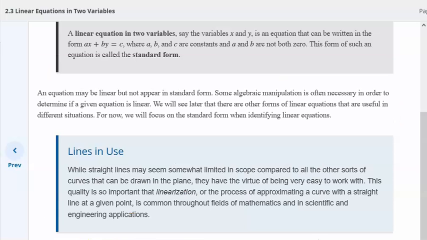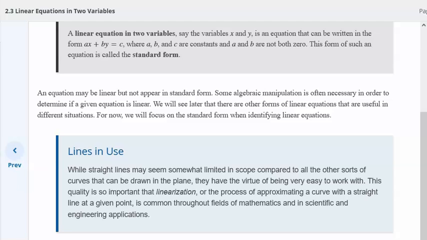Now, one of the things we want to work on is to see if these equations are in fact linear. And what does that mean? Well, the short form is that the values x and y are only to the first power.